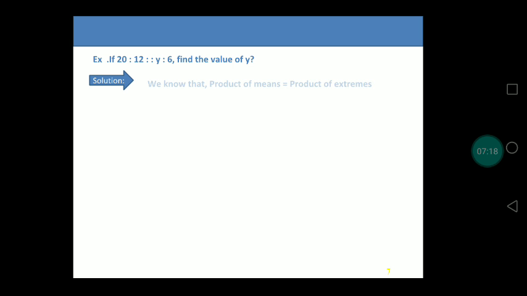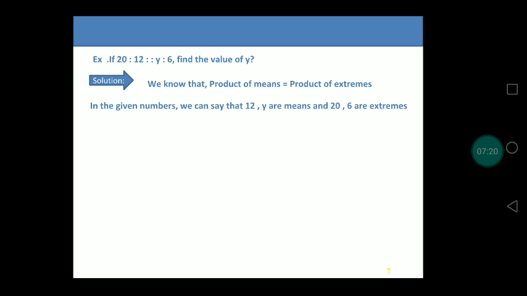In the given numbers we can say that 12 and y are means and 20 and 6 are extremes. So we multiply 12 into y, which is equal to 20 into 6. What answer did you get here? y is equal to 10.